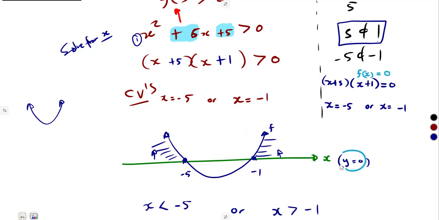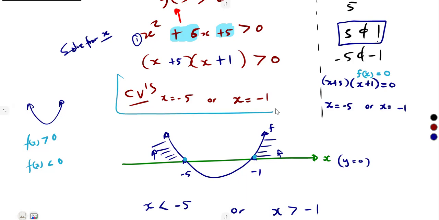And what is that condition? It is the condition of determining the x-intercepts. So for this type of question, whether f of x is greater than 0 or less than 0, whatever you're given, your critical values are the x-intercepts.